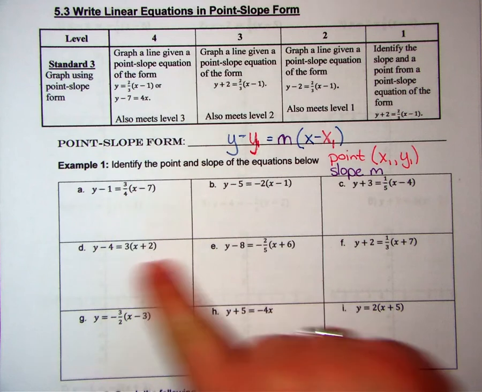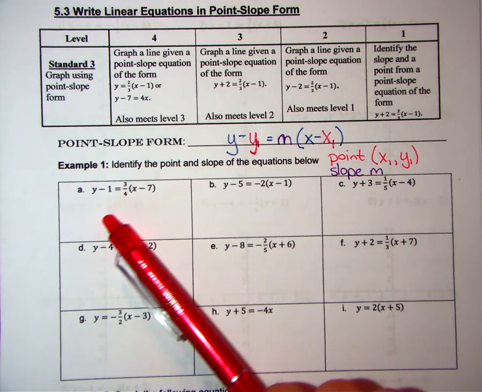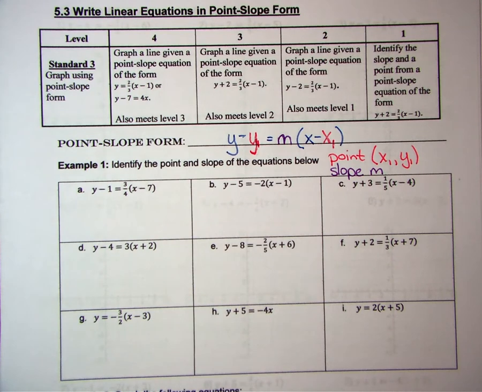So when you are looking at these examples down here, and we're just going to do A through F today, we are trying to find the point and the slope. That's what a level 1 is going to ask us to do. So in number 1 here, we need to identify the point first.